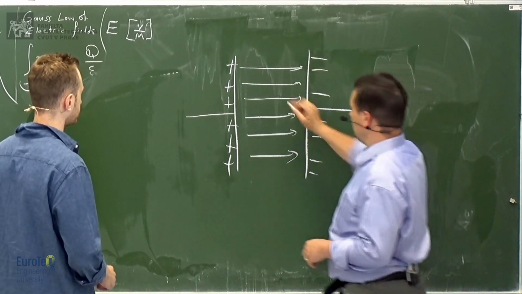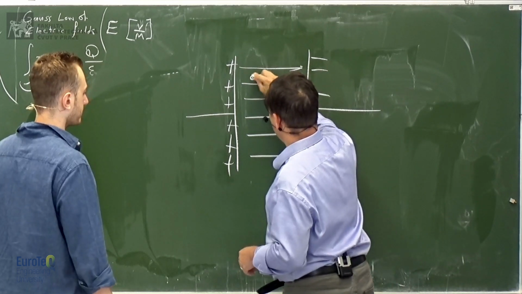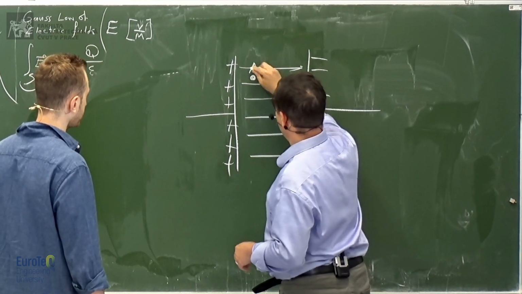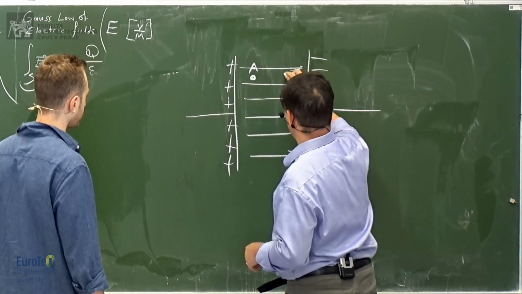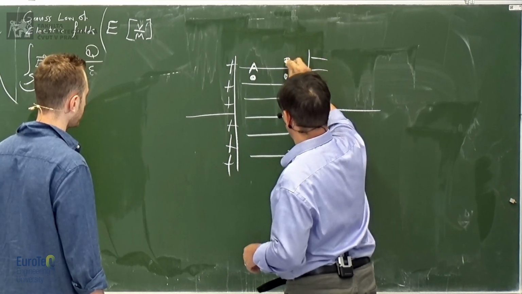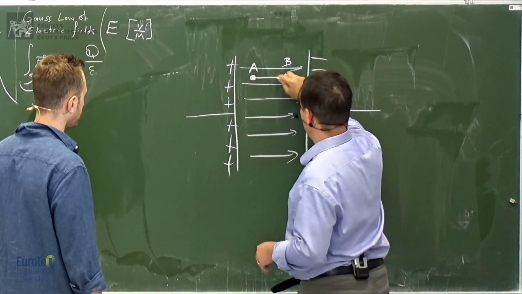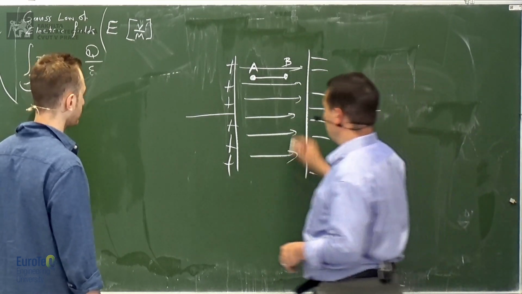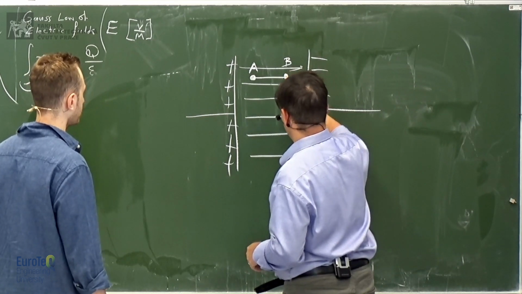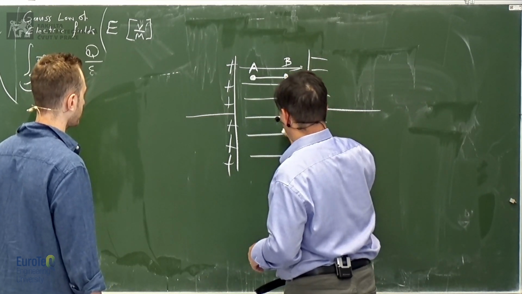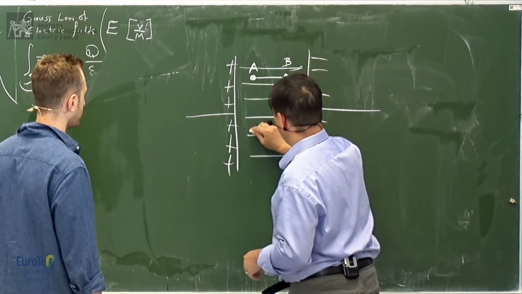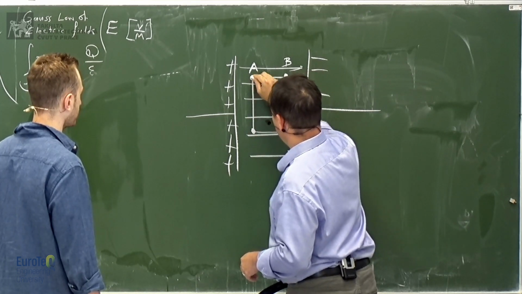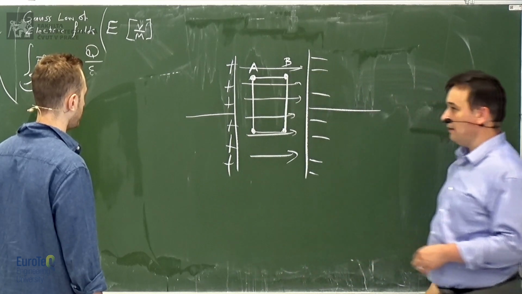Then we have checked the work that we have to make to move from here to there. Then let's try to make a closed path.